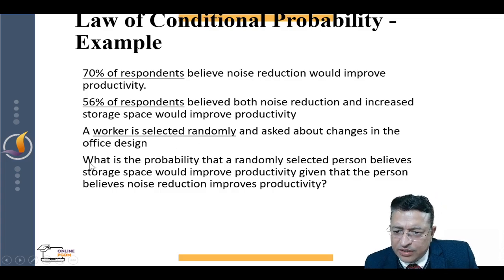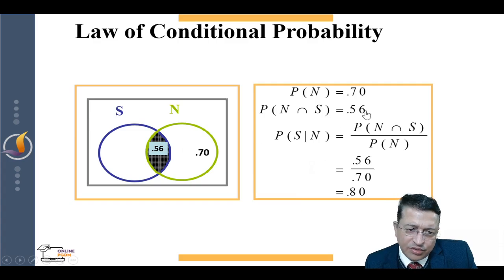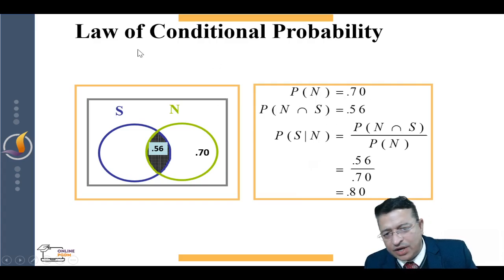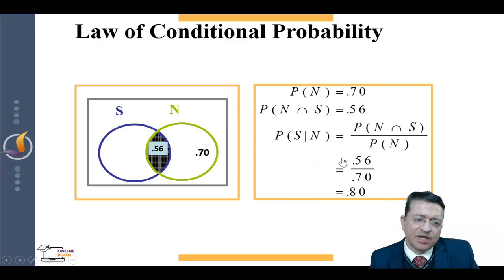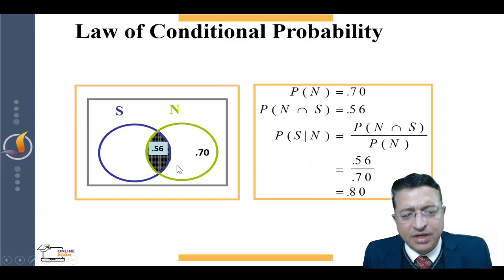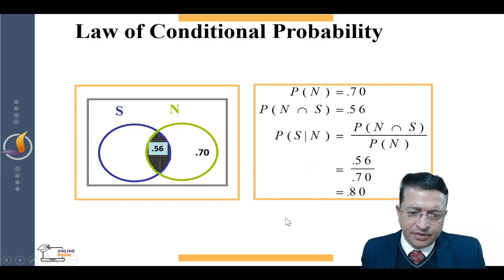So you can calculate the probability that a randomly selected person believes storage space would improve productivity, given that the person believes noise reduction improves productivity. Here these are directly given, but if in the same situation you convert this into a probability matrix, you can calculate the probability of other events also easily.